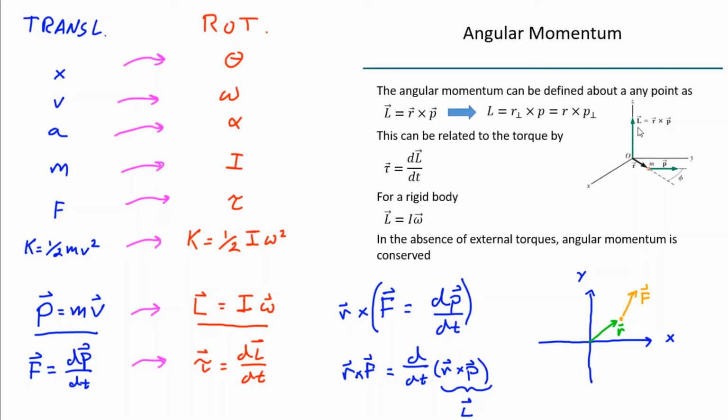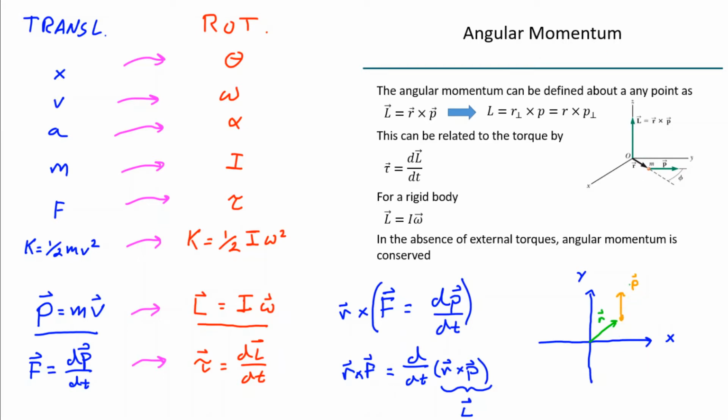So the angular momentum L is defined as r cross p, and I can think of this as r perpendicular times p, or r times p perpendicular. So it's either the component of p that is perpendicular to r times r, or the component of r that is perpendicular to p times p.